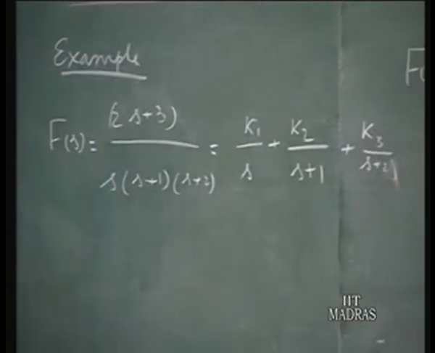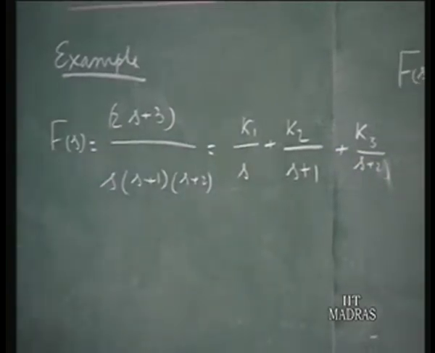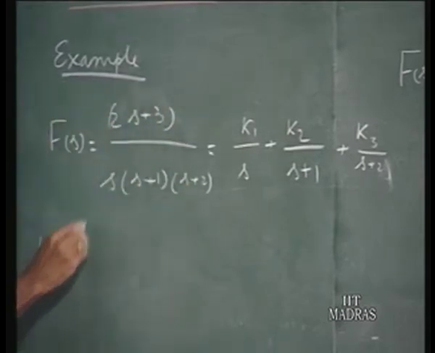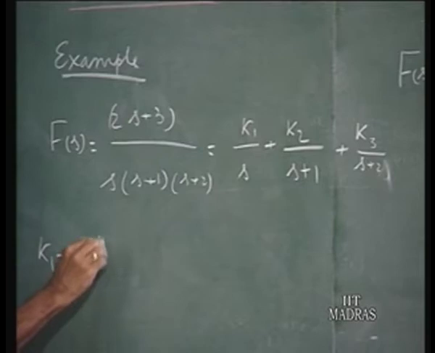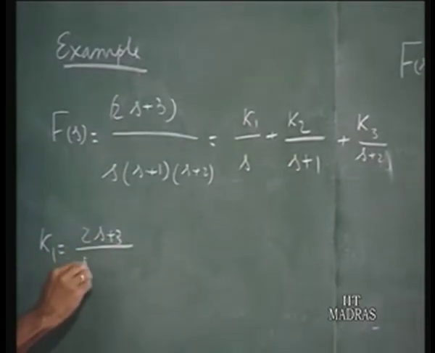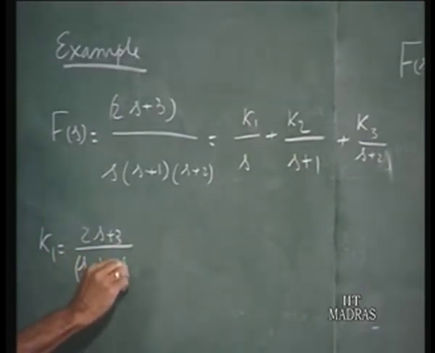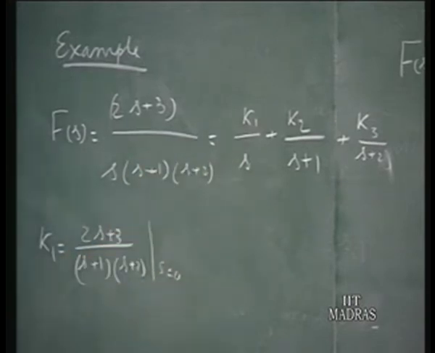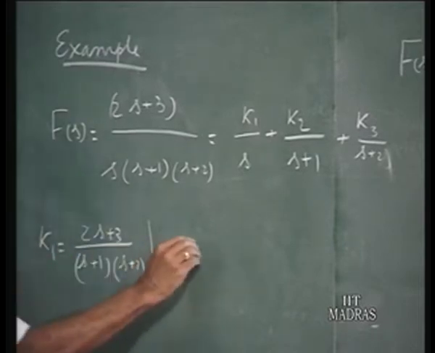These are the 3 terms that we have to evaluate. To find out K1, you multiply this function by s. Once you multiply this function by s, you have (2s plus 3) over (s plus 1) times (s plus 2), and substitute the value s equal to 0, because the pole is at s equal to 0. This will be 3 upon 2.